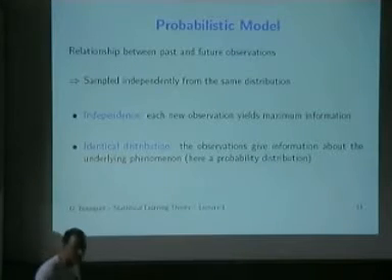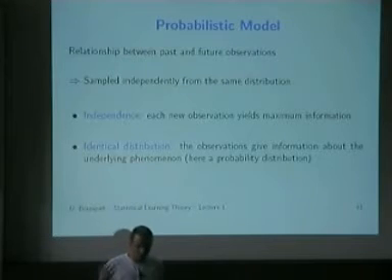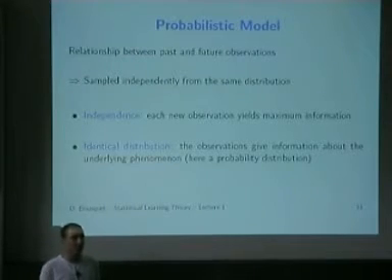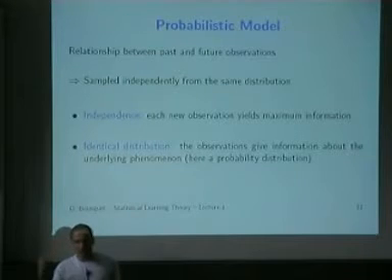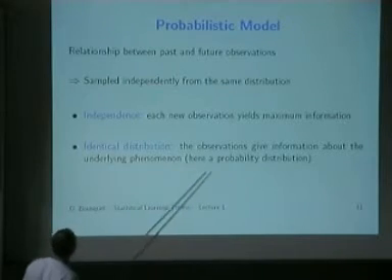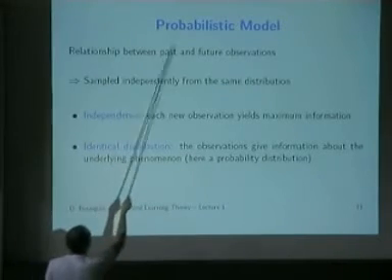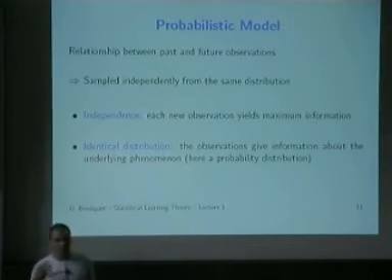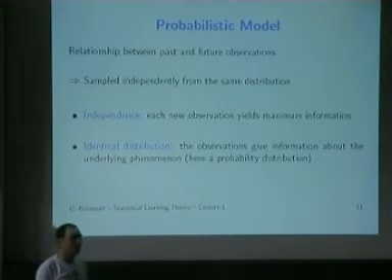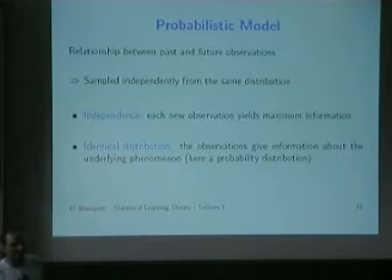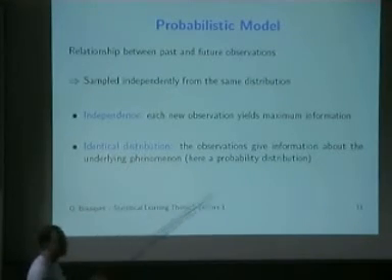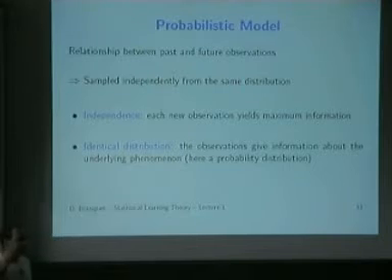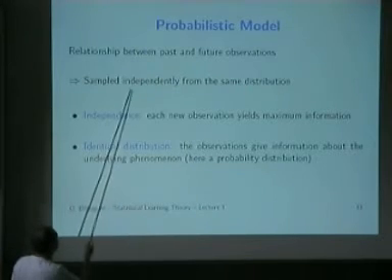So, what is the model that we will assume for how the data is generated? Okay, so we say laws of nature are constant, and we will model this in this way. We will have a probabilistic model, and probabilistic models are nice because they allow us to account for uncertainties and for mistakes. And we will assume that the data comes to us, like the weather every day, in this way.